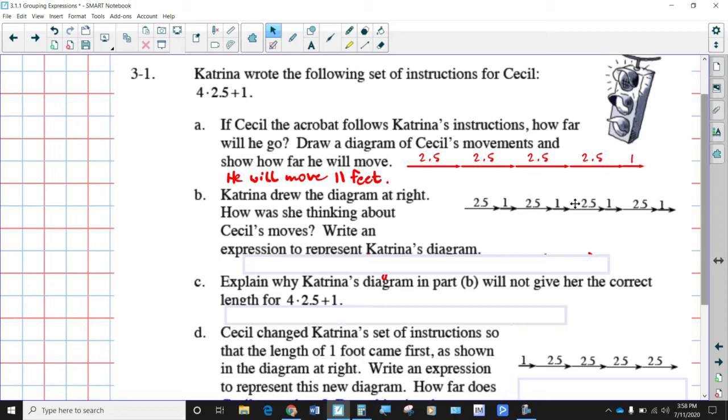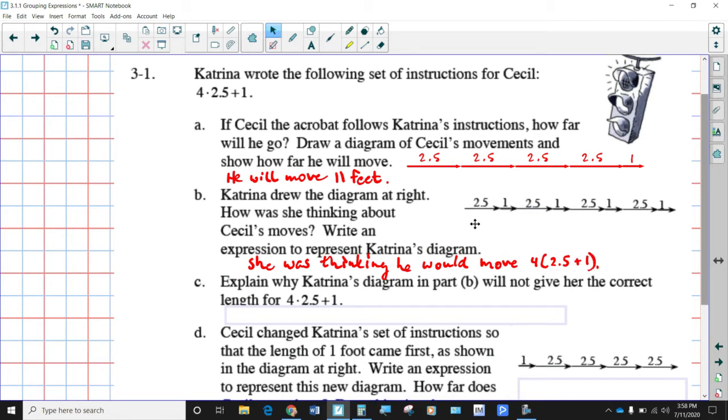So when Katrina drew this, I don't think she had that in mind. What do you think she had in mind? She was thinking that he would move more like 4 of the 2.5s and 4 of the 1s. So we could put parentheses around this.